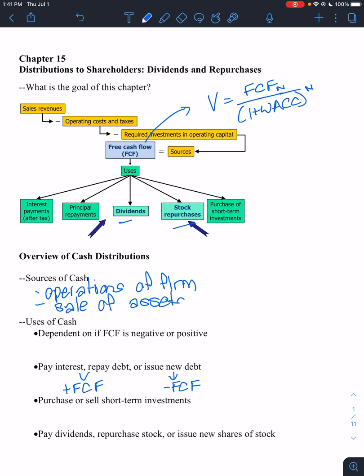Now, we've already talked about this. Just because a firm has negative free cash flows, that doesn't mean it's a bad firm. It doesn't even mean it's not a profitable firm. A firm may be profitable, but be generating negative free cash flows. Why? Because they're growing. And growth takes money, right? You need to make an investment today to have higher sales in the future.